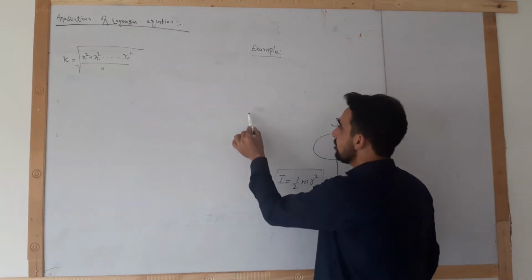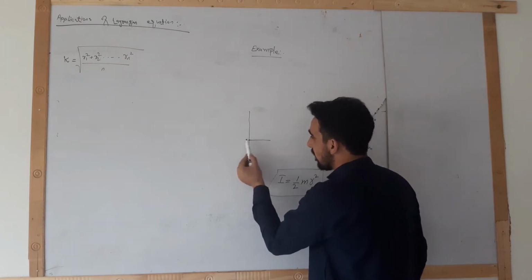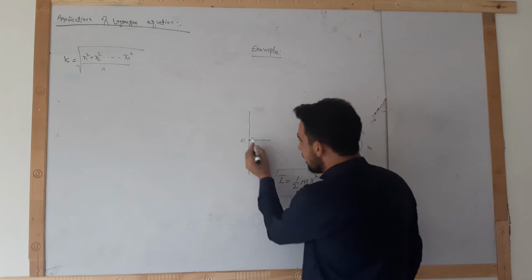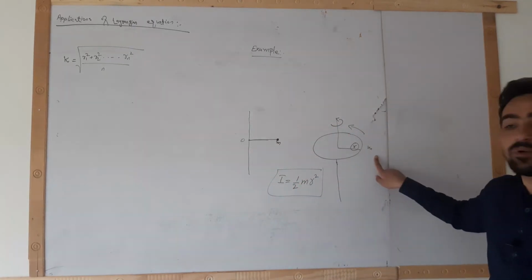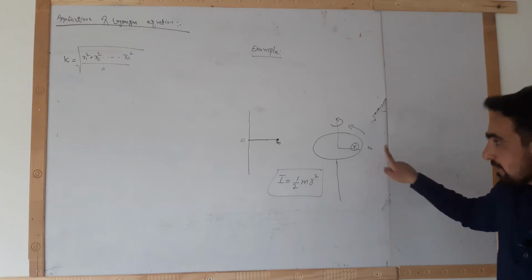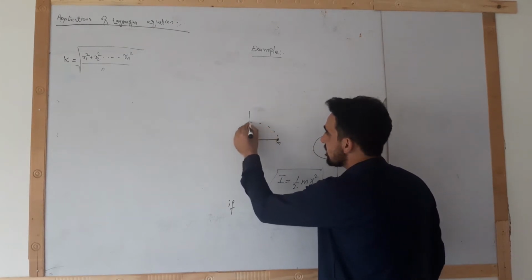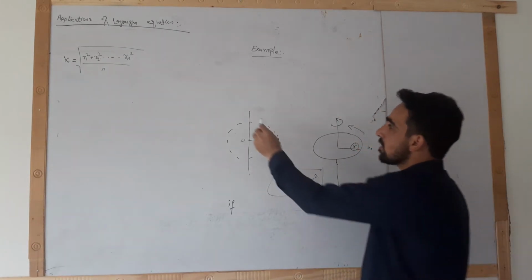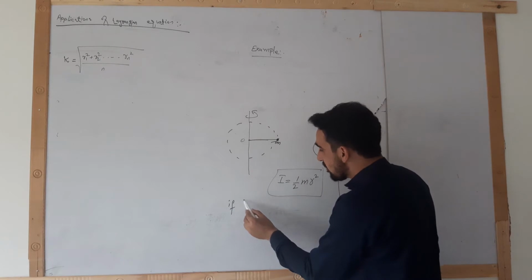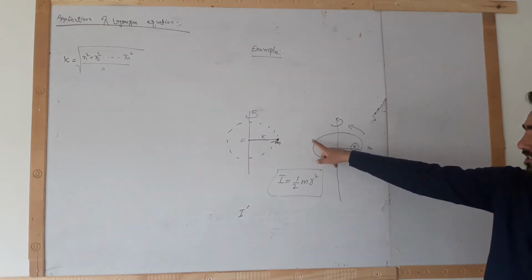Now imagine another system in which there is an axis of rotation, and I consider this point, which I call point O, and there is a massless string to which there is a mass m. This m is exactly equal to the mass of the disc. Now let's say this mass is rotating around this axis counterclockwise, and let the moment of inertia of this system be I prime.